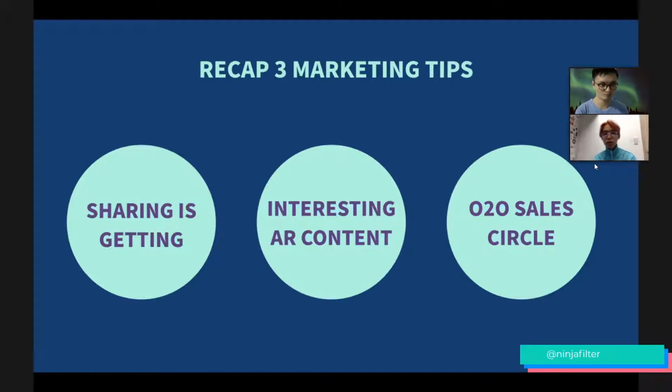You can use these different AR effects to create your own marketing campaigns. The third one is the O2O sales circle. You can add your product or your brand's new launch in this circle to help your brand marketing.